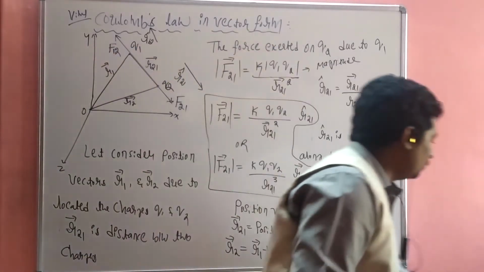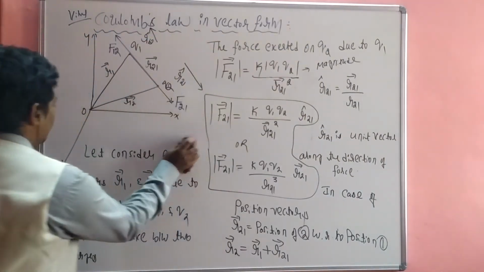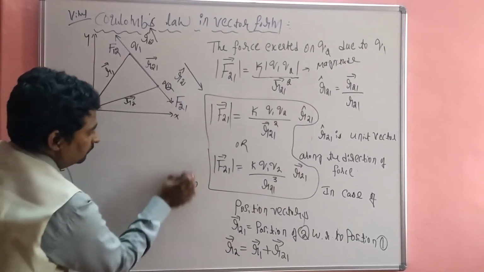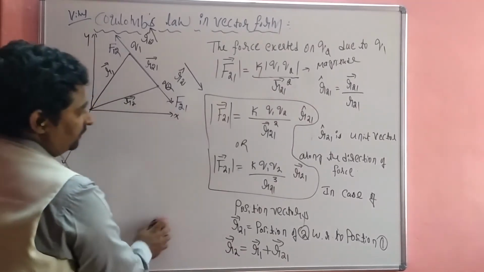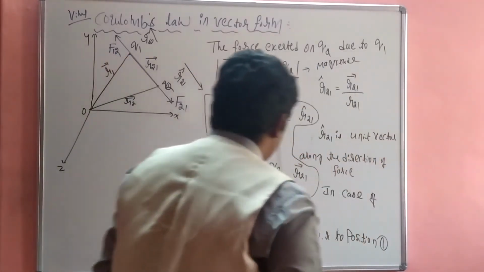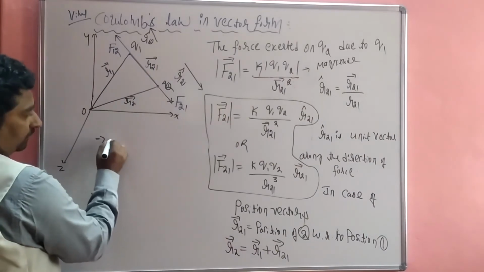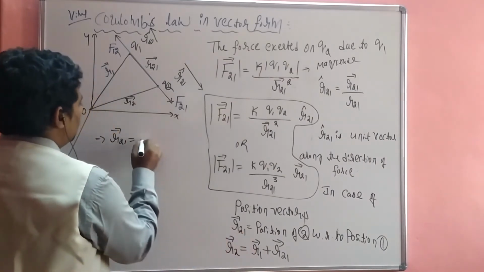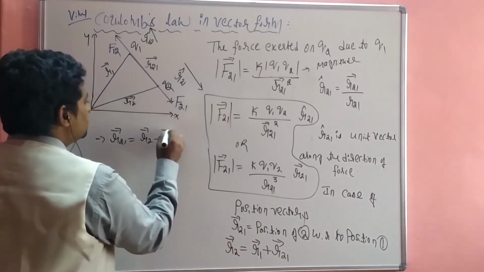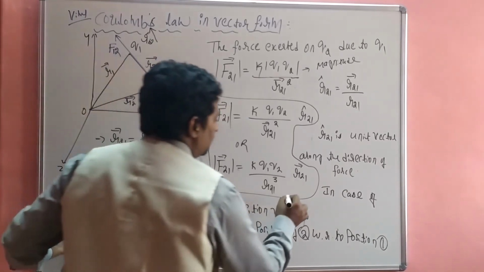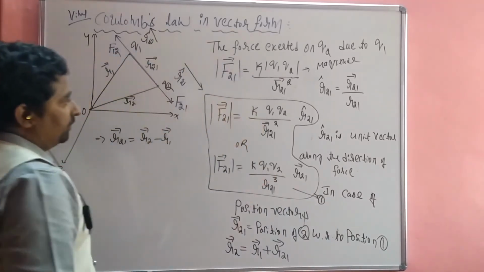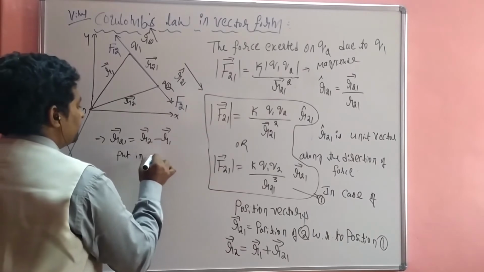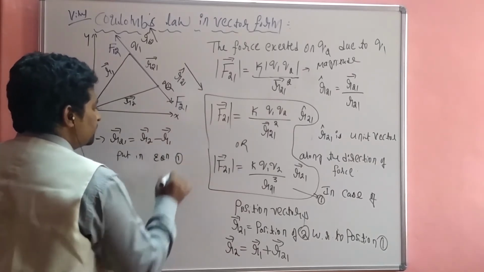So I want the R21 value. R21 vector becomes R2 vector minus R1 vector. So put it in equation number 1.